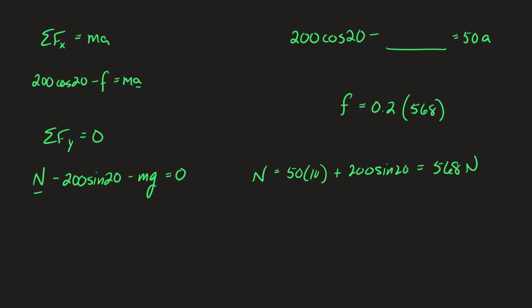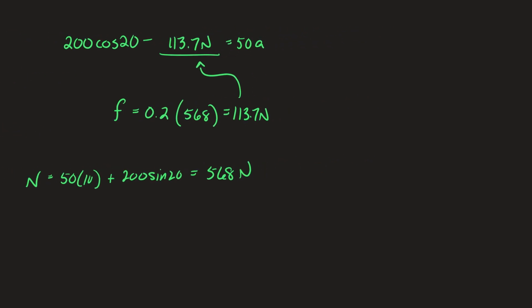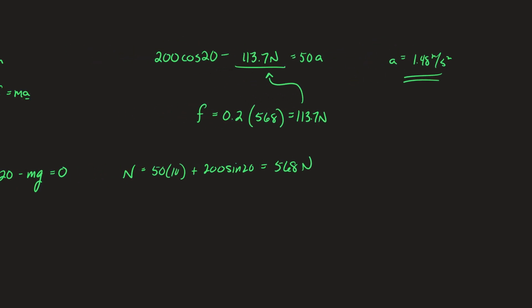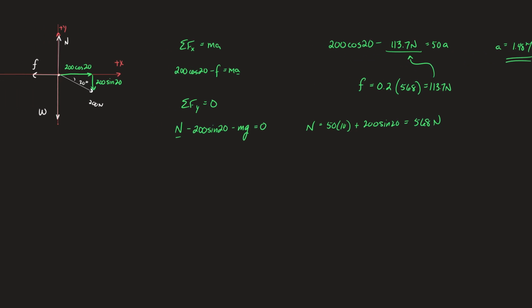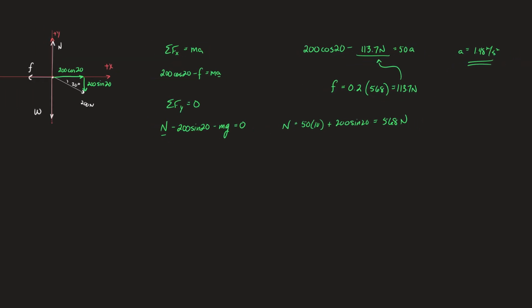So that gives me a frictional force of 113.7 newtons. Now it's just some more arithmetic. So solving this for the acceleration, you'll get 1.48, I think, meters per second squared. That's what I'm looking for. I'm looking for a process. Okay?